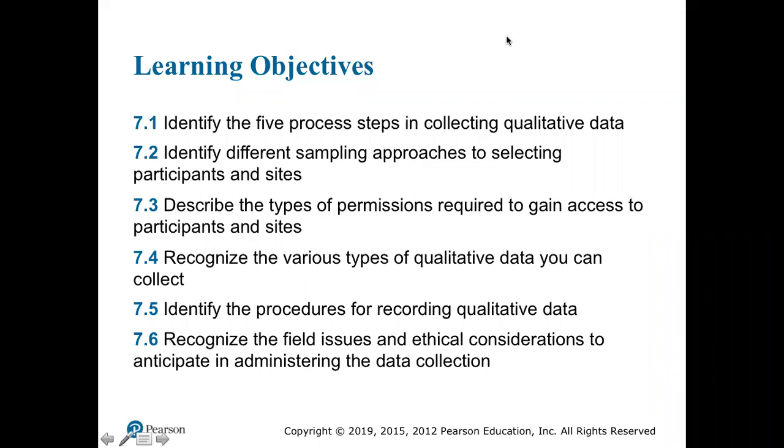Describe the types of permissions required to gain access to participants and sites. Next is recognize the various types of qualitative data you can collect. Then 7.5, identify the procedures for recording qualitative data. 7.6, recognize the field issues and ethical considerations to anticipate in administering the data collection.